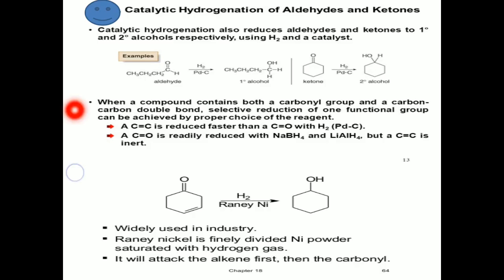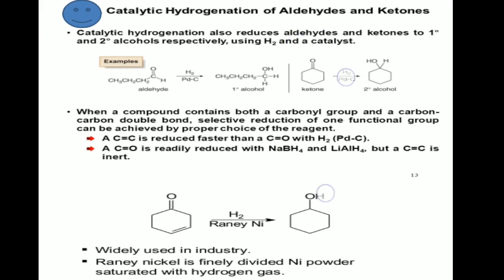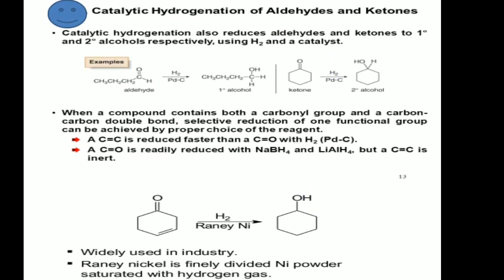Another reaction is also here. Generally, this catalytic hydrogenation reduces aldehydes and ketones: aldehydes convert into primary alcohols, ketones convert into secondary alcohols.